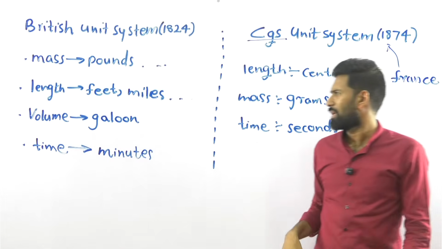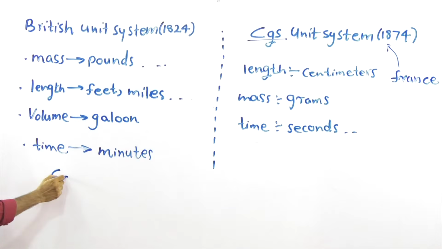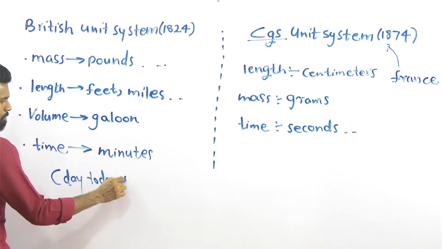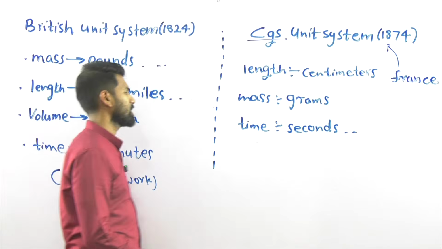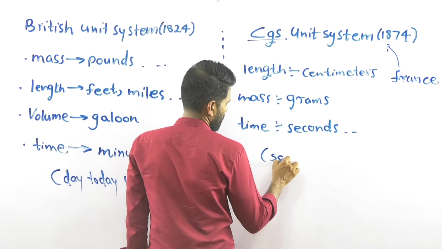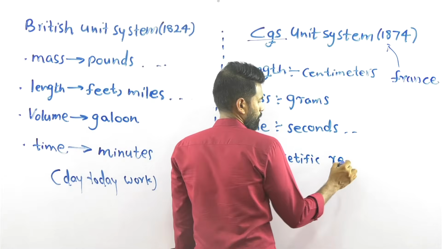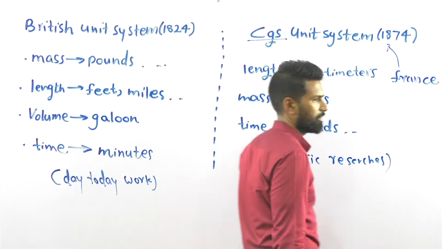Write these things, and especially these British units are used for day-to-day work, while these CGS units were for scientific researchers.